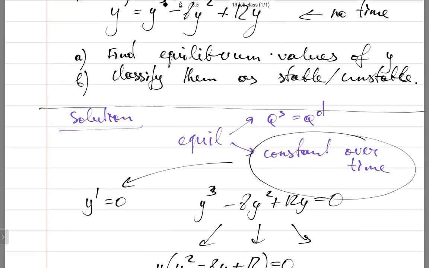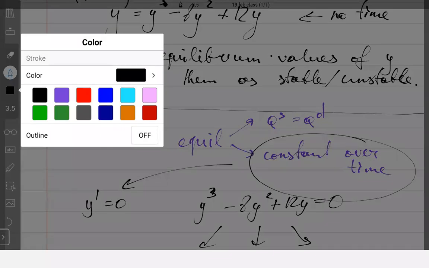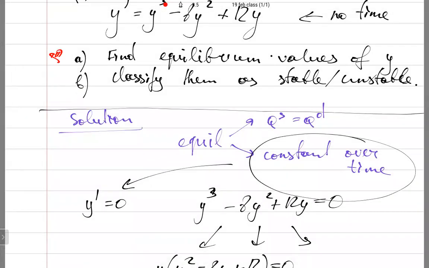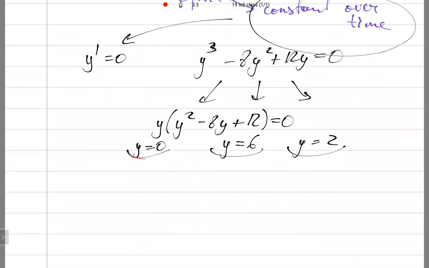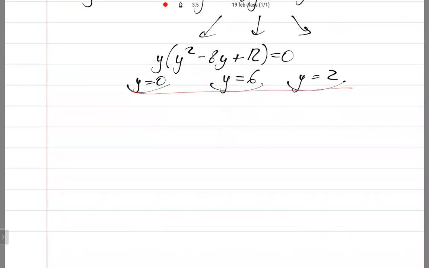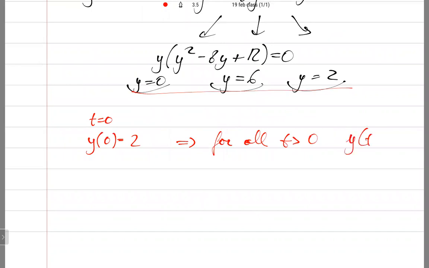So point A is done. Okay, we have solved problem A. So what does it mean? What do we mean they are equilibrium values? So for example, if you have a starting value at time t equal to 0, if you have starting value equal 2, then that means that for all t, you will have y of t still be 2. It will be always equal to 2.